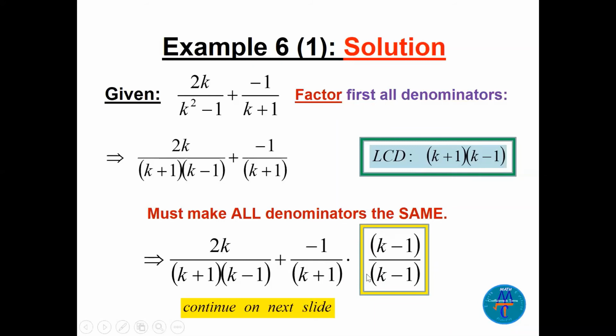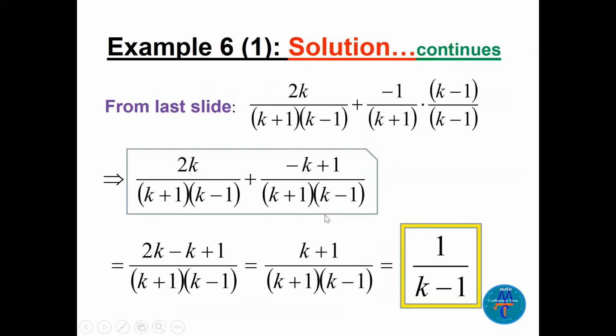It's easy now. Same denominator. Here we have 2k. Here we have minus 1 times k minus 1. Let's continue now. See this one from the last slide. So minus 1 times the k is minus k, minus 1 times minus 1 is plus 1. See, we have made the question the same. It was not the same. So we write only one LCD here, k plus 1, k minus 1.